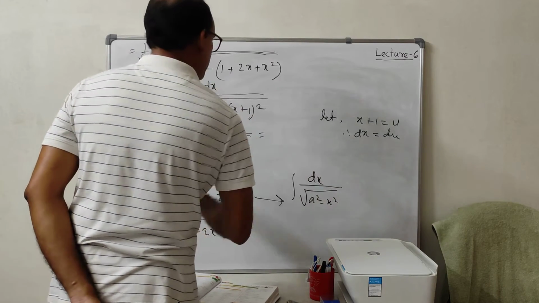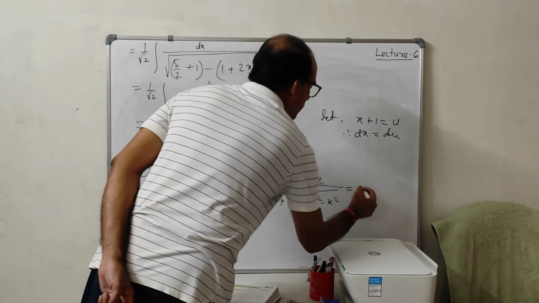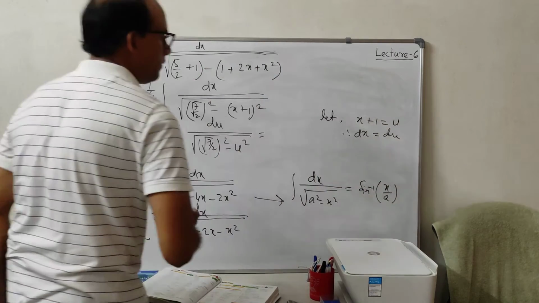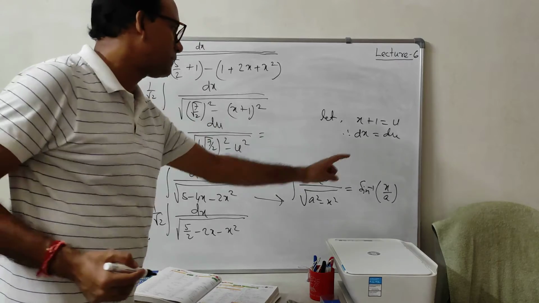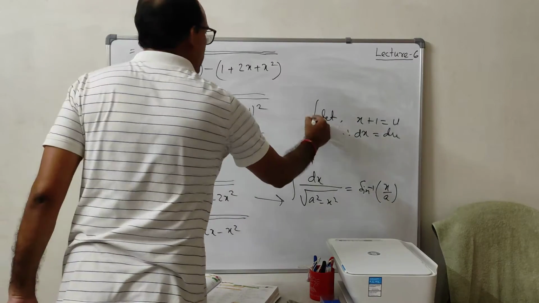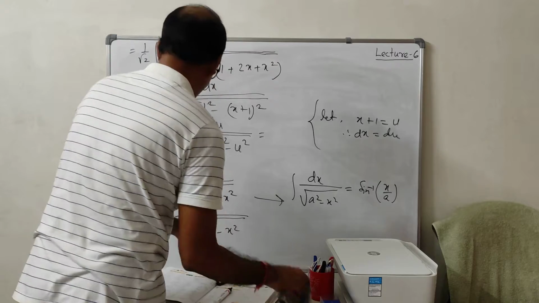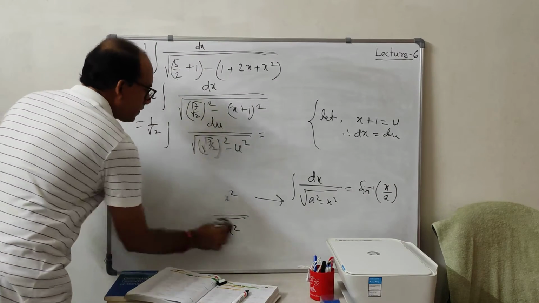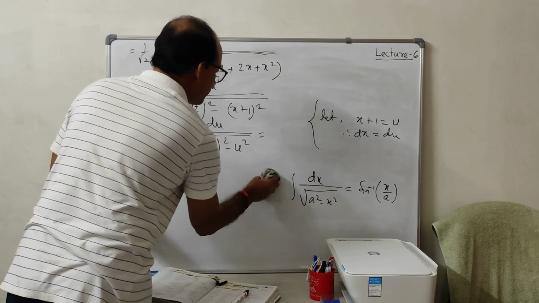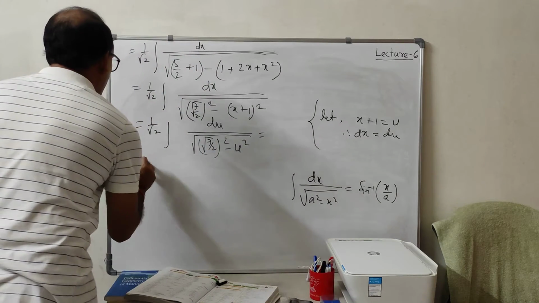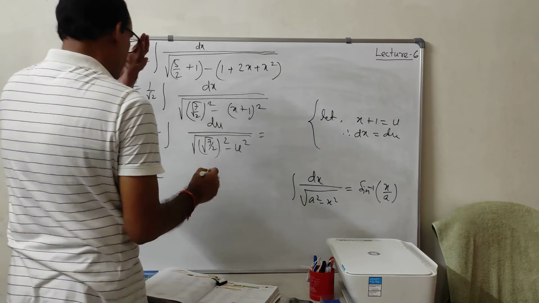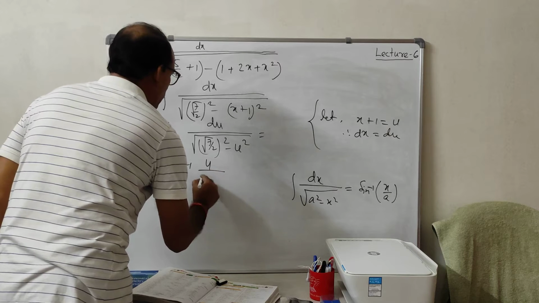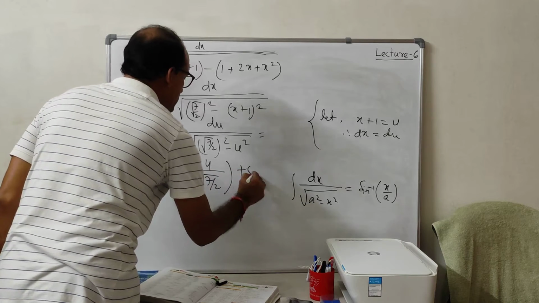That is equal to, what is the formula? Sine inverse x over a plus c. I did not mention plus c there. So this will be sine inverse of u over root over of 7 by 2 plus c.